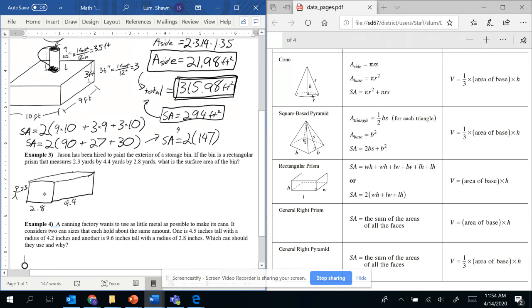The next thing is that I'm just going to draw some lines that go like that, so we can see through it. So the first thing we're going to do is surface area. We'll start with the area of this particular wall right here, which is going to be 2.3 times 2.8.